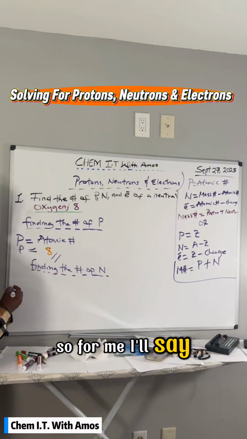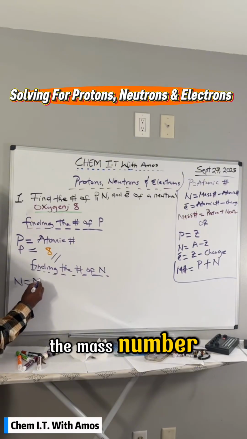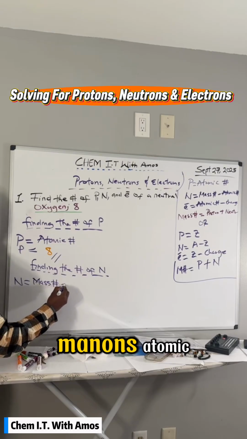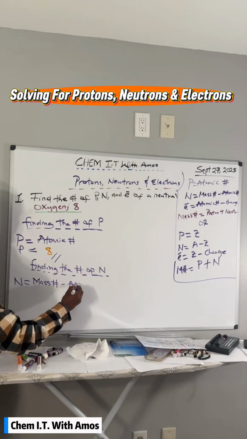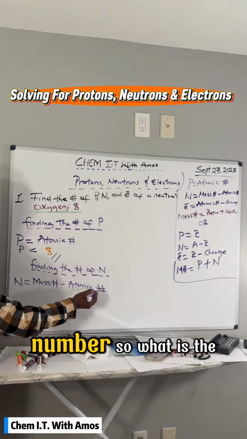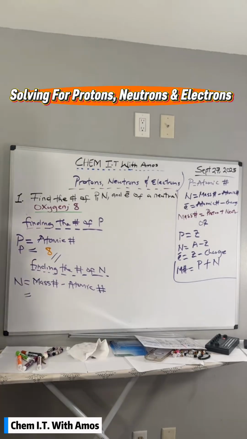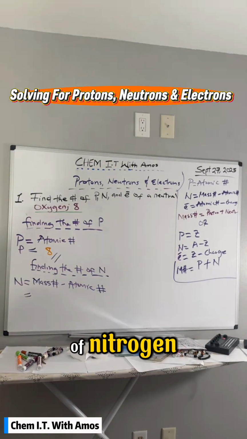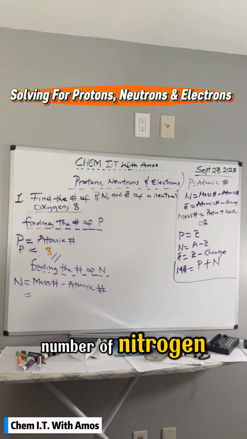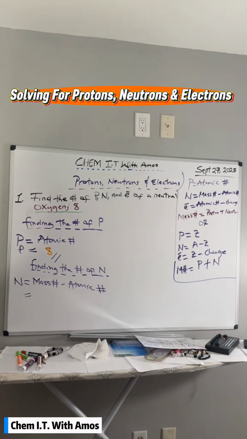So for me, I say that neutron is equal to the mass number minus atomic number. So what is the mass number of nitrogen? Do you know the mass number of nitrogen?